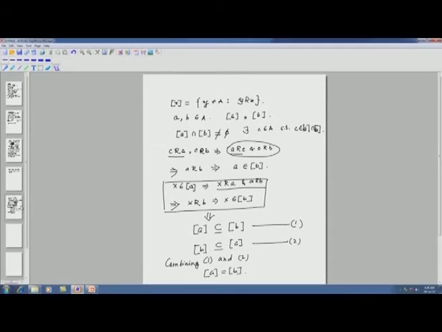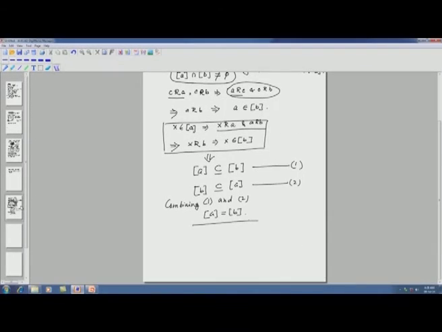Thus, we see that if the class corresponding to a and b has non-empty intersection, then they are equal. So, we come to our conclusion that these equivalence classes are either equal or disjoint.